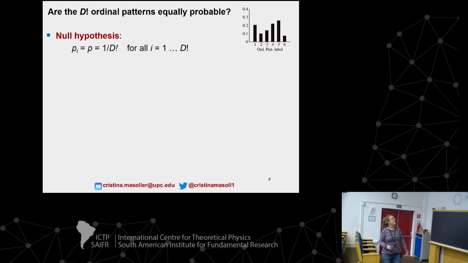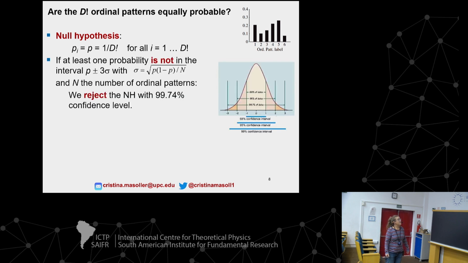Now, how can we say this? We use a null hypothesis, which means all the patterns are equally probable. The number of possible patterns is d factorial. And then we analyze: it is enough that one probability is outside the confidence interval to reject this null hypothesis. So that's the criterion.